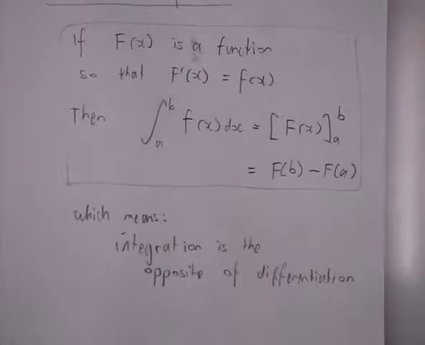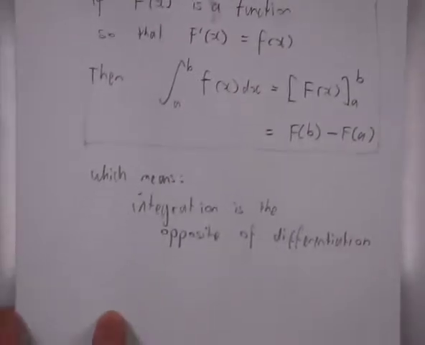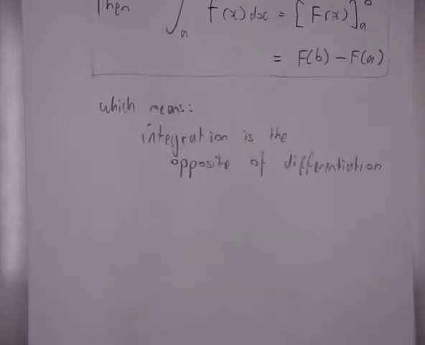Okay, that's what it means. And it's really fundamental, and before Newton and Leibniz had come up with this idea, no one even realized that they were connected, integration and differentiation, because differentiation is for finding slopes and integration is for finding areas, and they don't seem to be very closely related, but in fact they are, which is helpful to us because integration is actually extremely difficult compared to differentiation. And that's because it's differentiation backwards.